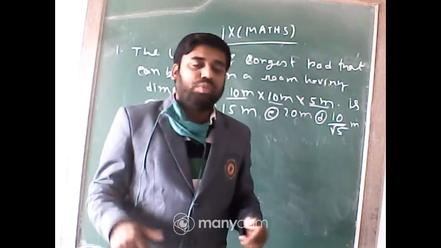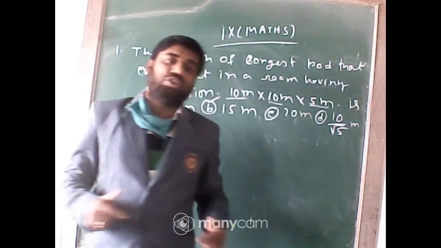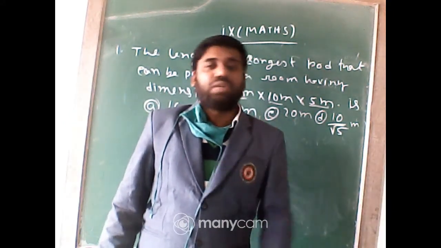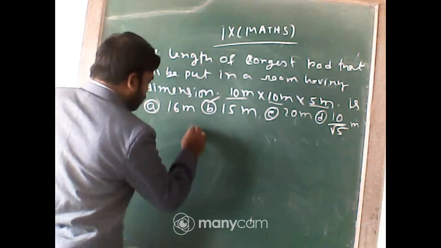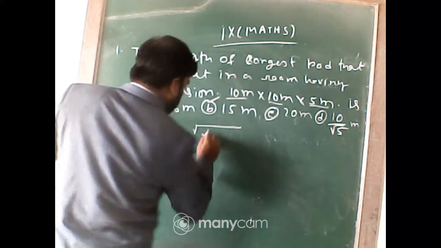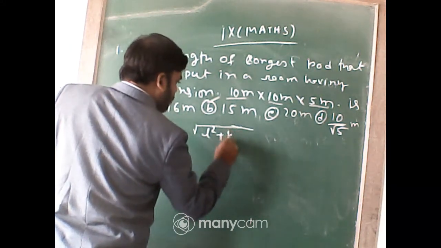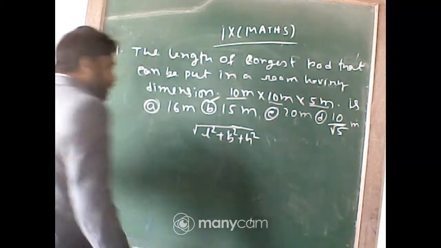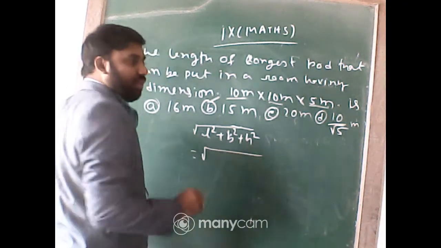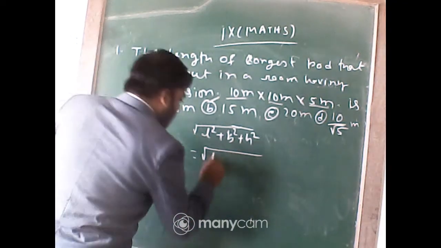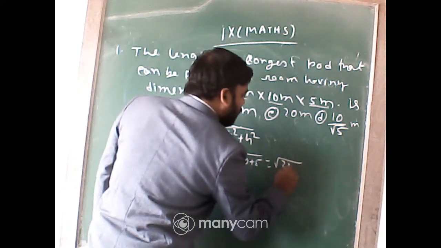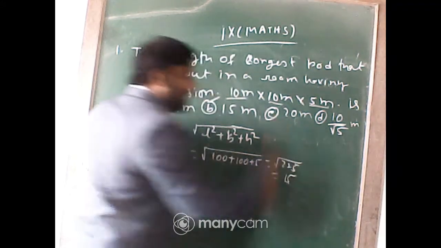In a cuboidal room, the largest rod that can be put in that room is the diagonal, and we know the diagonal formula of a cuboid, that is root of L square plus B square plus H square. So root of 100 plus 100 plus 25, so root of 225. Square root of 225 means 15. So a 15 meter rod can be put.